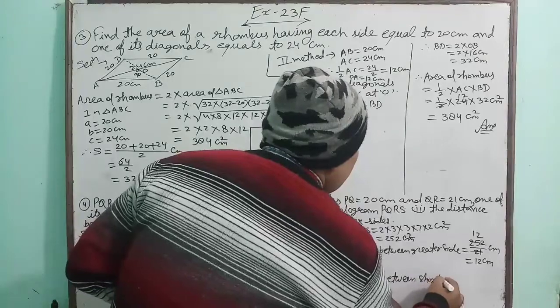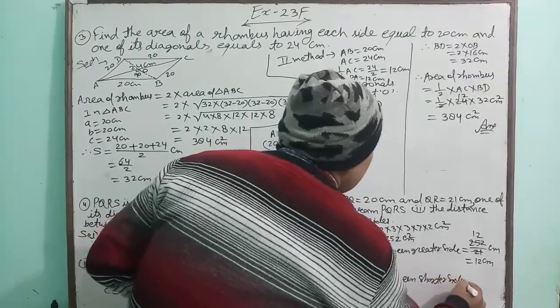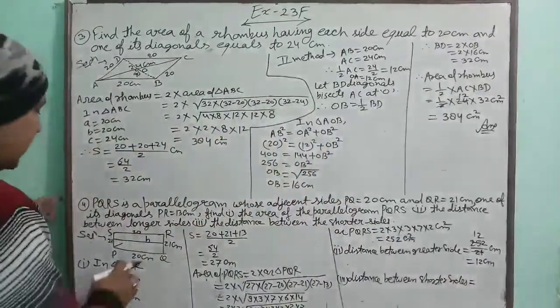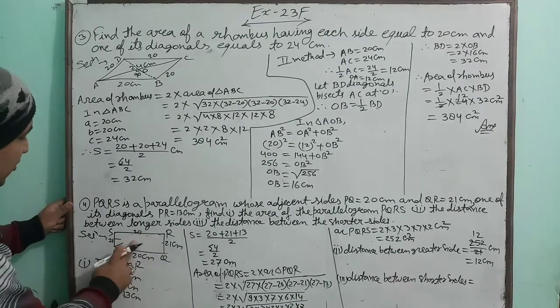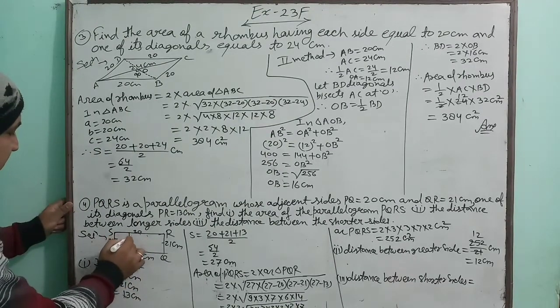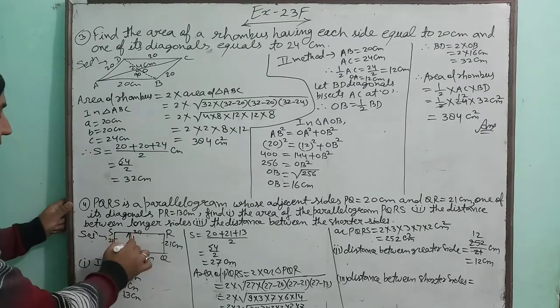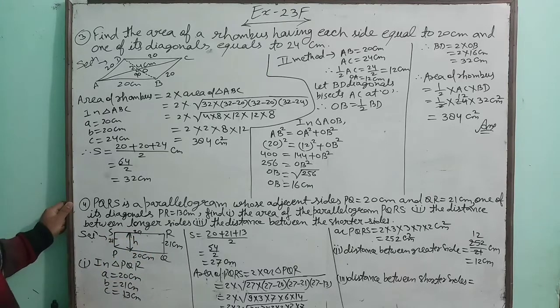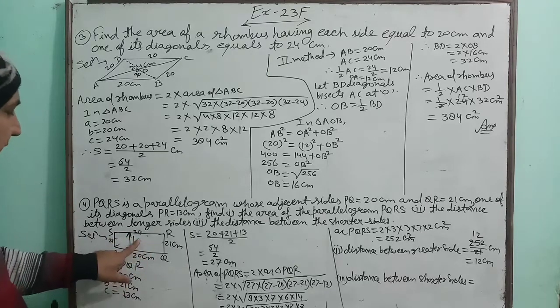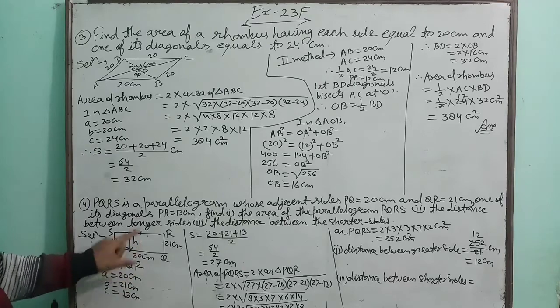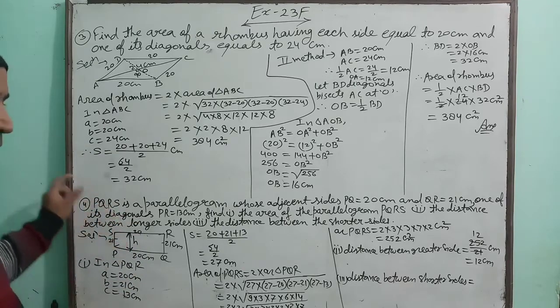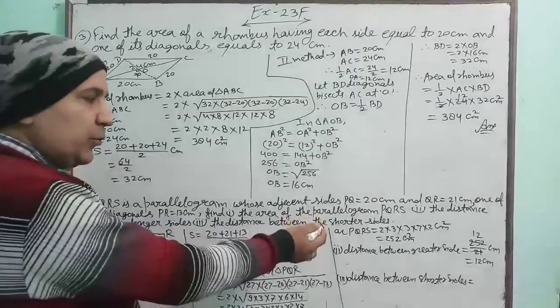Distance between shorter sides. See, here the shorter side is 20. So distance between these two sides is again called the height. So base will be 20, height is h. So base into height is equal to area of the parallelogram. Area we have got 252.